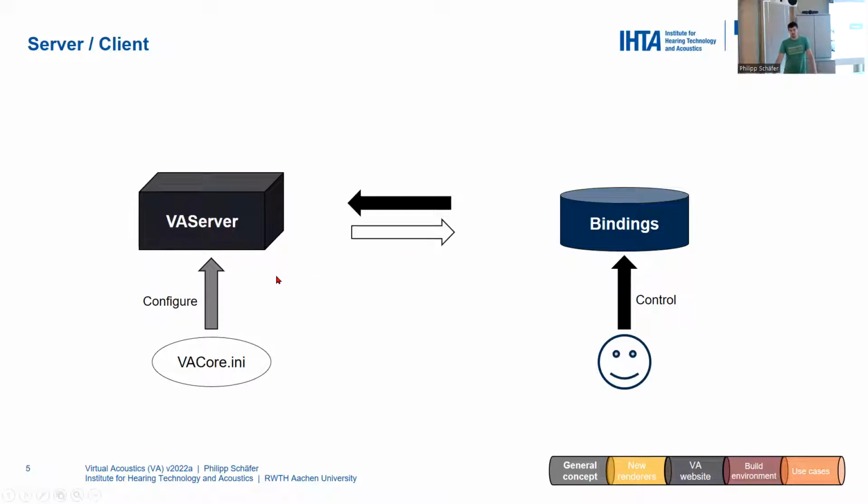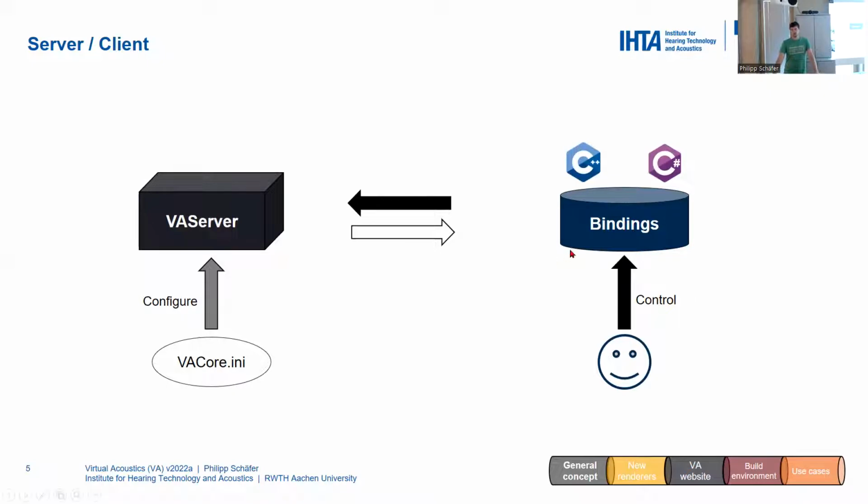The difference here is that the VA server can only be configured before startup using an ini file, while the interface is used during runtime, so the user can permanently change things in the server through this binding. And there are multiple types of interfaces.